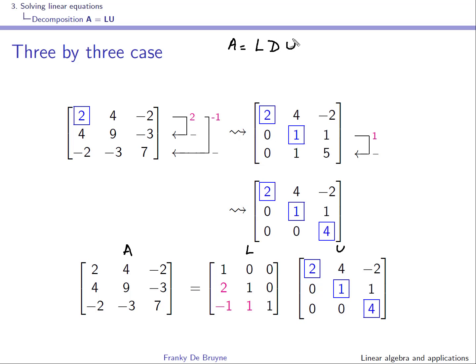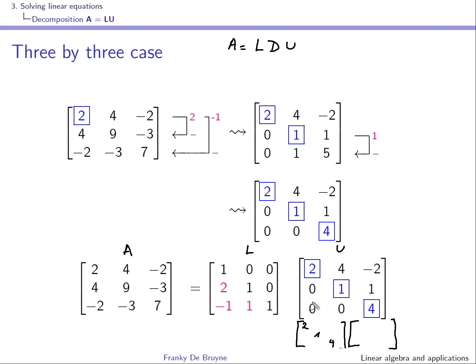Well, you could do something similar for the upper triangular matrix, so that you have ones on the diagonals and the pivots, sorry, on the diagonal matrix. In order to do that, you can rewrite U in the following way. So we put the pivots on the diagonal, so this will be my D matrix.